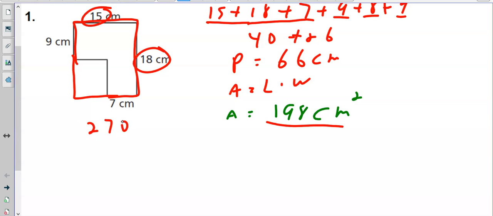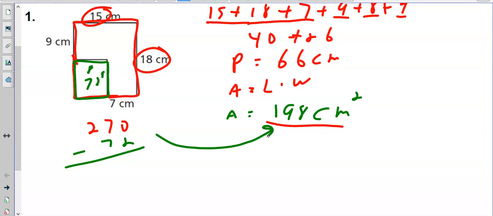Now, obviously, that's bigger than our answer, but remember, we're cutting out, in this case, this piece that is missing. And if you remember, this piece right here was 8 by 9. So this piece missing is 72. So if we subtract 72, guess what we get? 198. So my point is, there's always more than one way to do this.